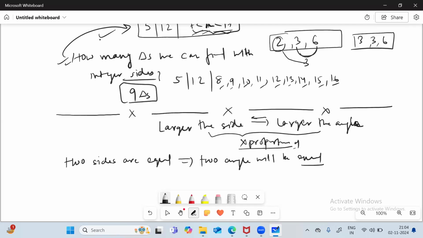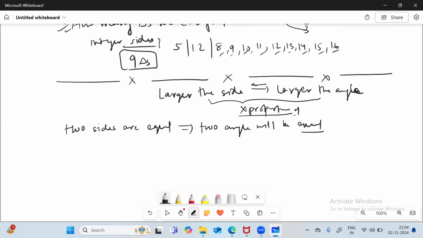So in any isosceles triangle, which I have defined as one where two sides are equal, if these two sides are equal, these two angles are also equal.